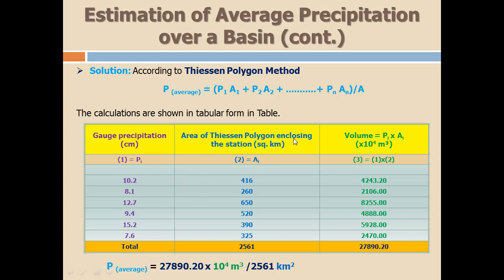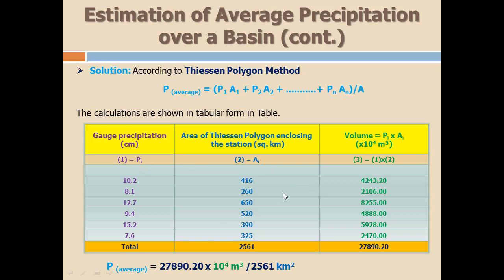The area of the Thiessen Polygon enclosing station 1 is 416. This is in column 2, and this is represented by Ai. Ai means A1, A2, A3, A4, A5, A6 and so on. Pi means P1, P2, precipitation 1.